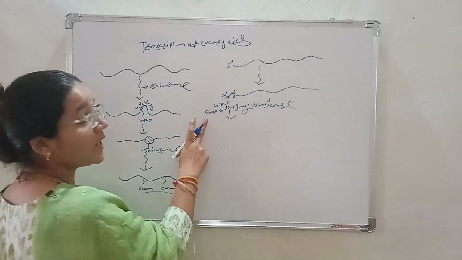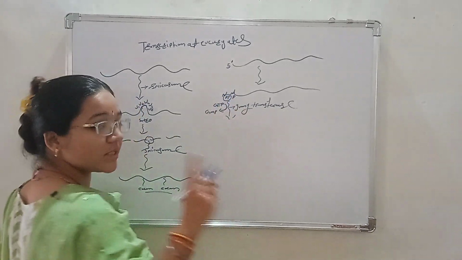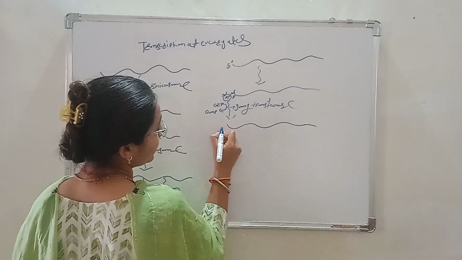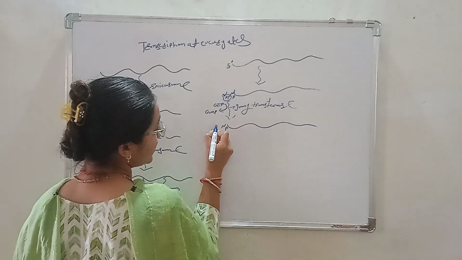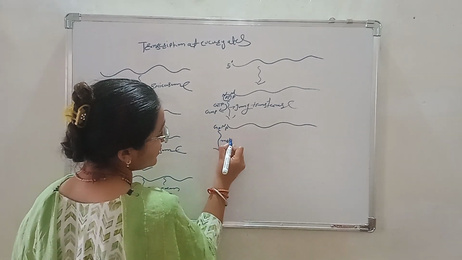Triphosphate is converted to monophosphate. So two phosphate groups are removed, leaving a single phosphate group. NP and GP.